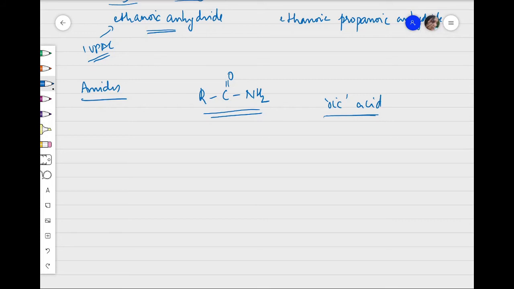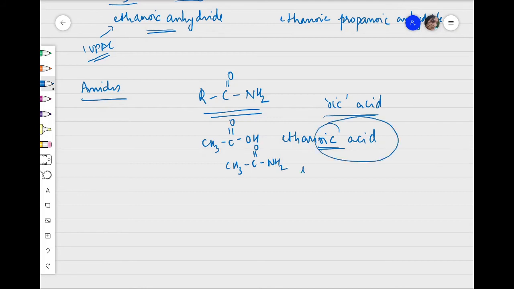For example, if it is ethanoic acid, CH3, C double bond O, OH, you will remove OIC acid and write amide there. When I make it CH3, C double bond O, NH2, we remove oic acid completely and write ethanamide. This is how the name will be.